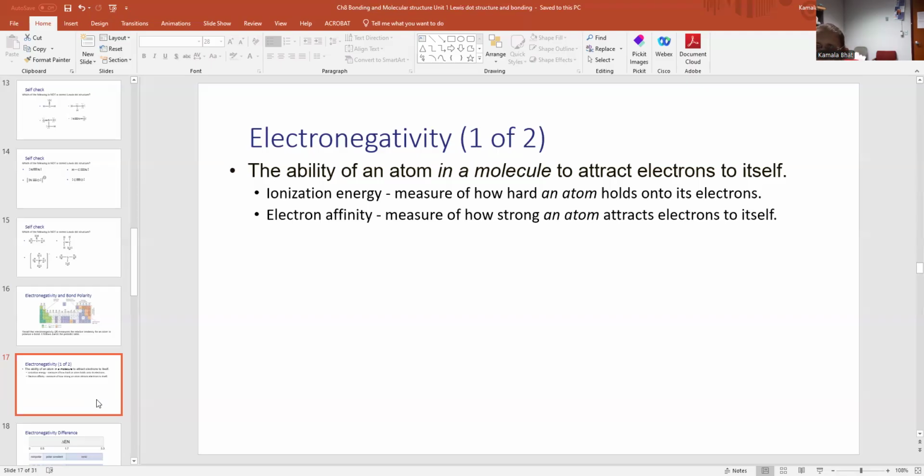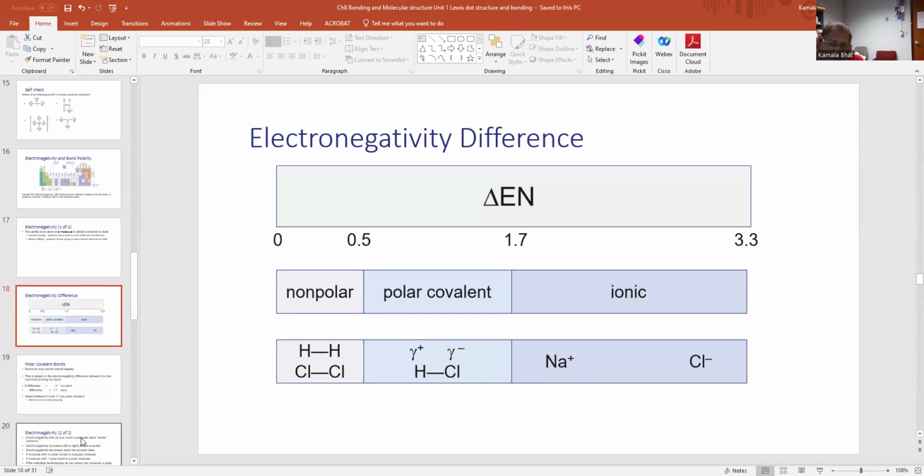Electron affinity is how strongly an atom attracts an electron to itself. And so electronegativity assigns a numerical value to the force of attraction for an atom to bring the electron towards itself. Generally, the nature of the bond is indicated by delta electronegativity.